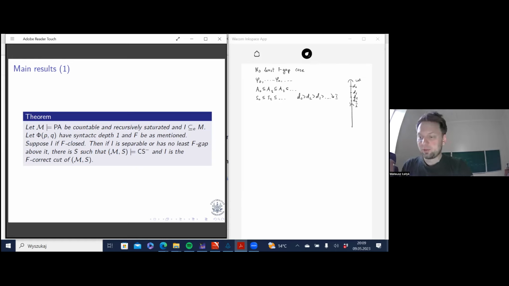So what I want from these satisfaction classes: first of all, that MSi is a model of CS-. So these are really satisfaction classes.